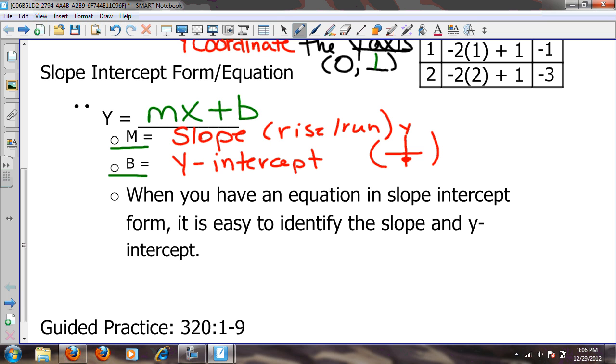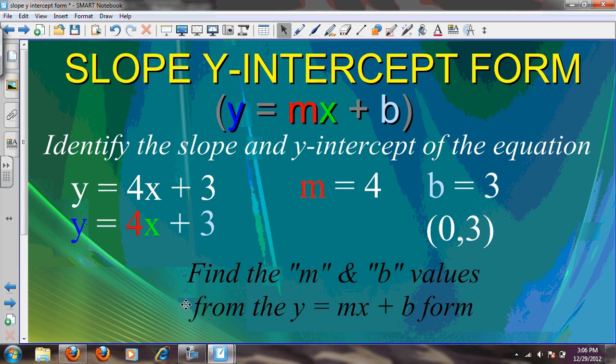When you have an equation in slope-intercept form, it is easy to identify the slope and the y-intercept. Let's look at that. Here, y equals mx plus b. What is in the m position? Yes, 4. Okay.